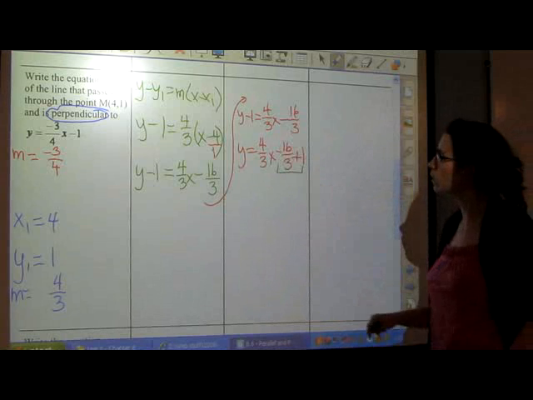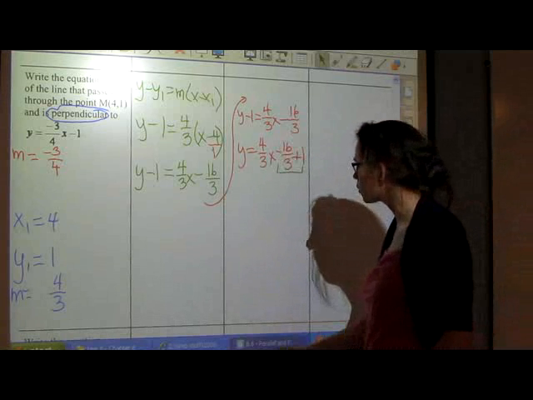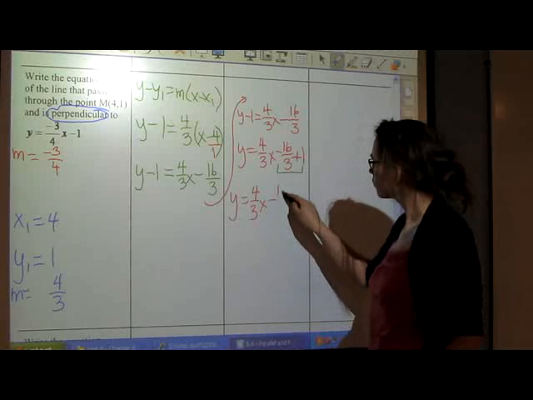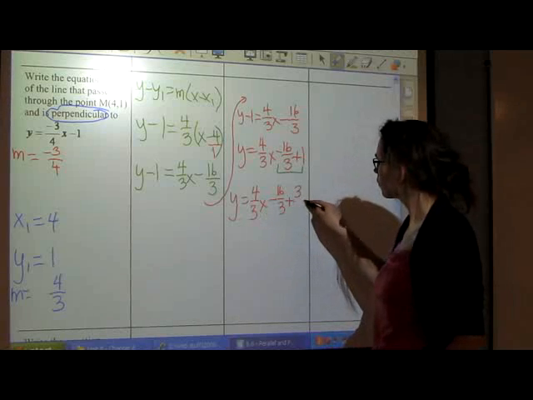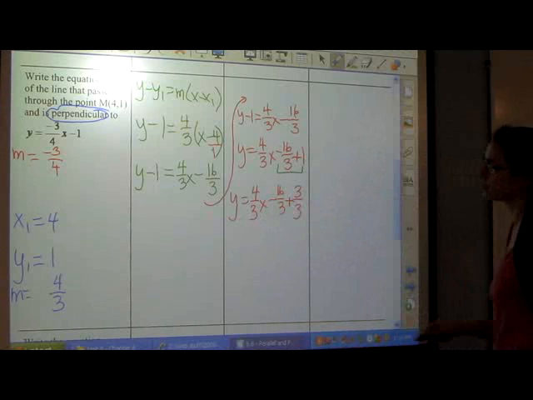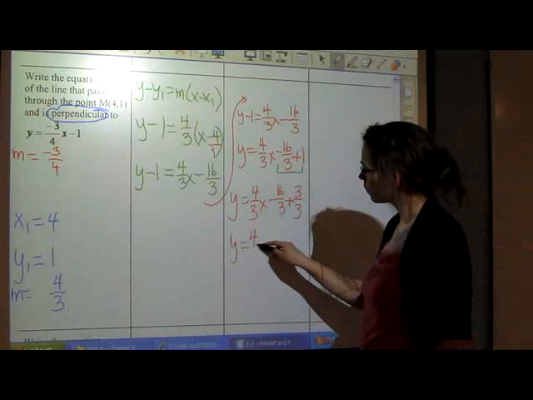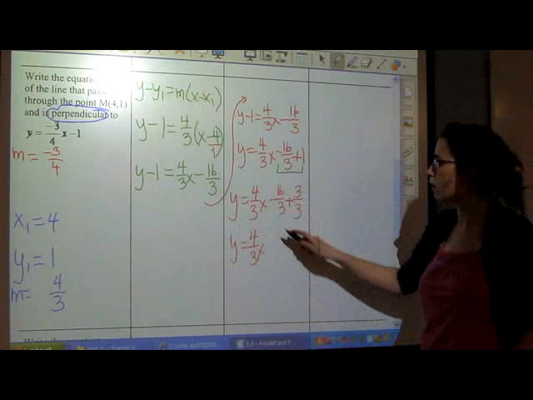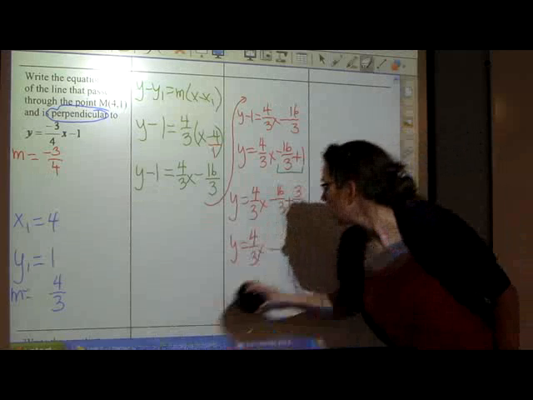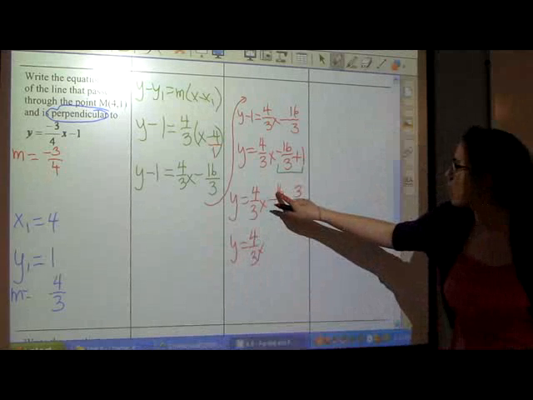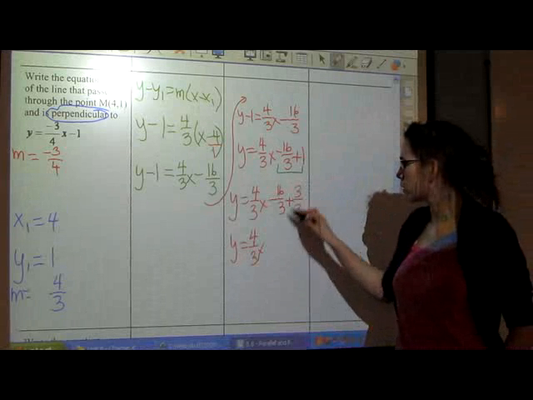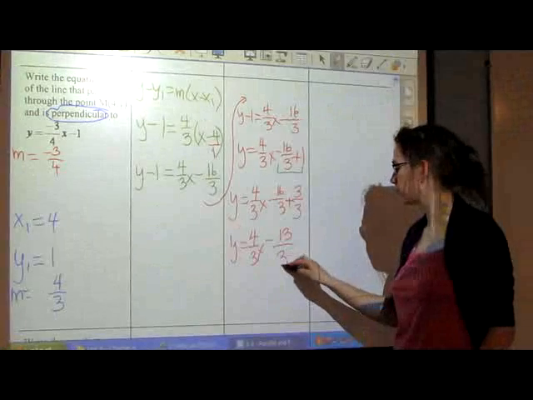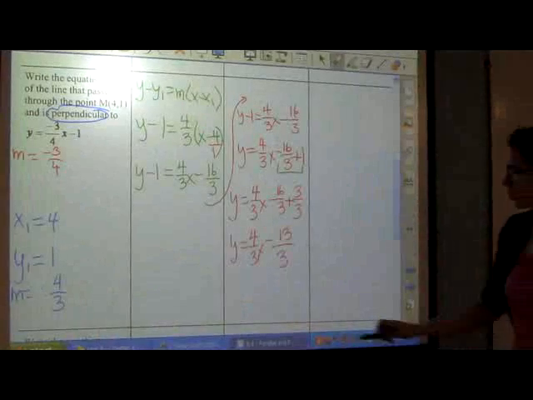So we have a fraction and a whole number. We need to get ourselves a common denominator, which will be 3. So plus 3/3. -16 over 3 plus 3/3. Well, the rule is we want to add our tops together. So we get -16 + 3, which gives us -13. So subtracting 13, and we keep our bottoms the same. We do not add them together. So y = 4/3 x - 13/3.